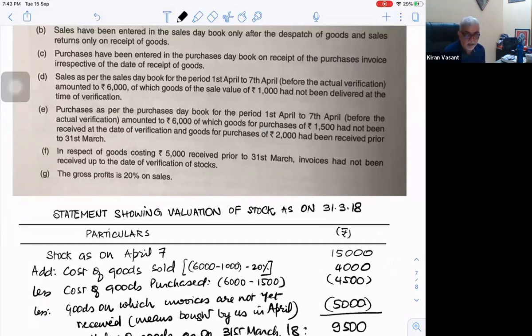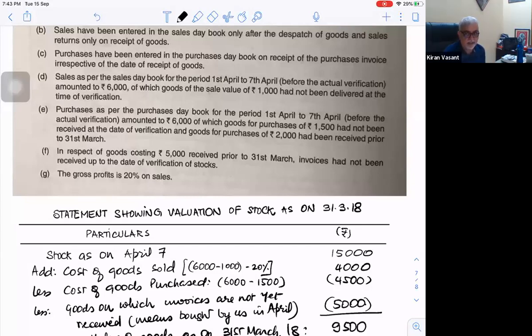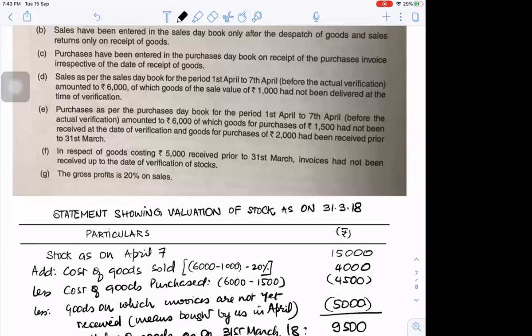But the invoices were not received, so you have not yet entered them, though you have included the goods. The goods were received, invoices were not received. Okay, sir. Invoices will come only in April. Which means it's a mistake in recording. So we have to change that mistake. Yes, thank you.